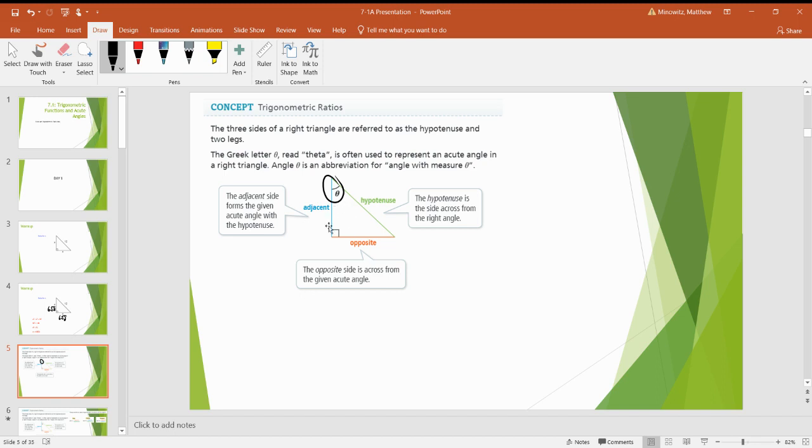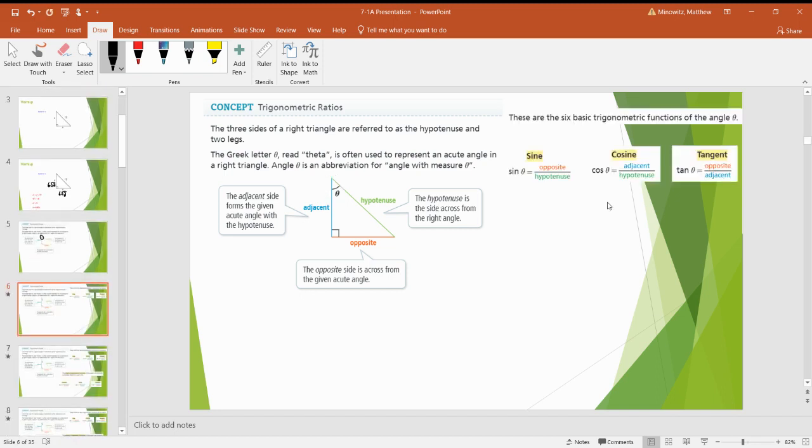Now, according to this diagram, there are different ratios. So the 6 basic trigonometric ratios of the functions: the sine of an angle is equivalent to the opposite over the hypotenuse ratio. The cosine is equivalent to the adjacent over the hypotenuse.